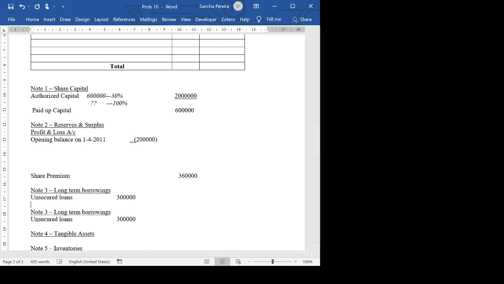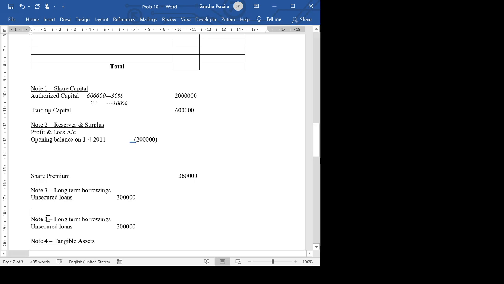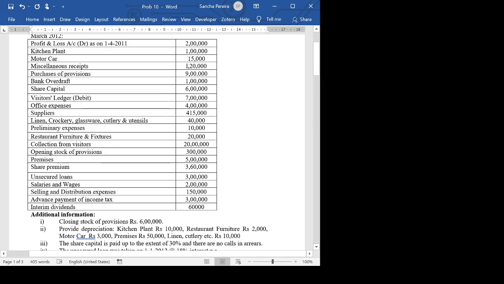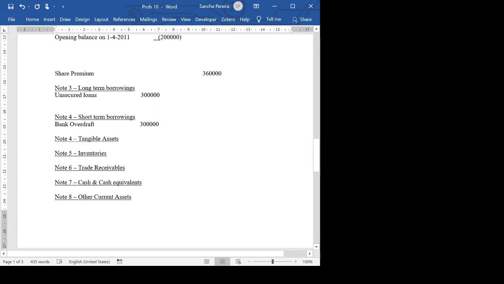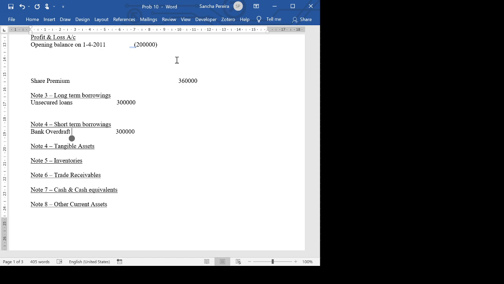The bank overdraft that is given to us is 1 lakh. So this has got no adjustment, there is no outstanding interest. This is 1 lakh, short-term borrowings.